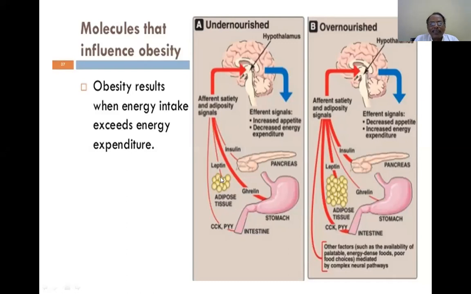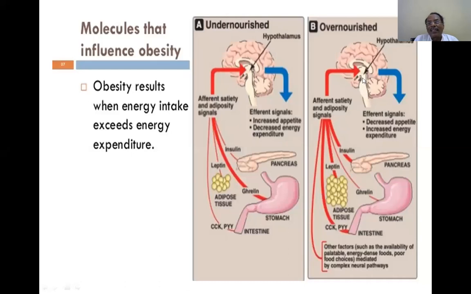And these are the signals given to the hypothalamus. In case of undernourishment, the hypothalamus gives signals for increased appetite, to produce more appetite and to decrease energy expenditure. That is the action taken by the hypothalamus.